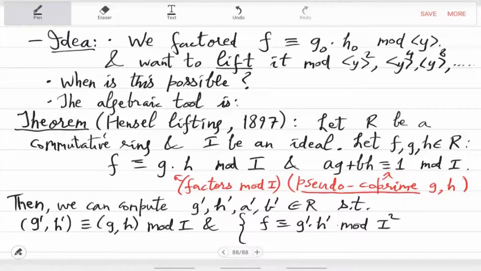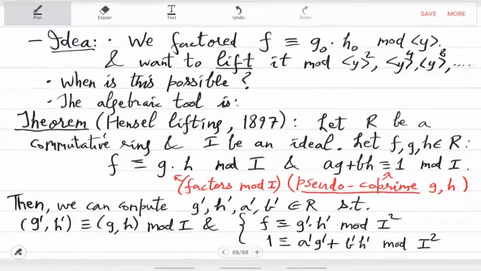And second is that they are pseudo coprime. And as if this was not enough, the last property is that G prime, H prime are unique up to unit multiplication. So factorization, even in the polynomial ring, is unique only up to unit multiplication.